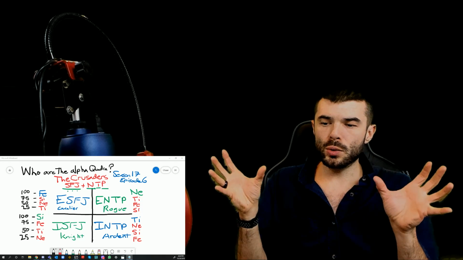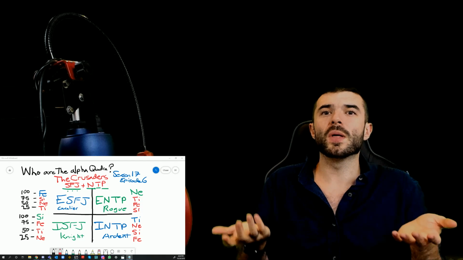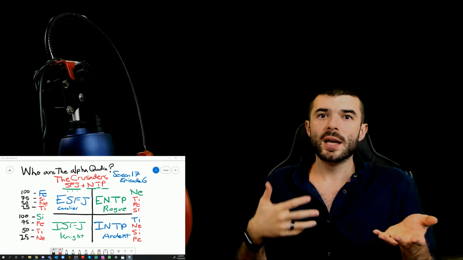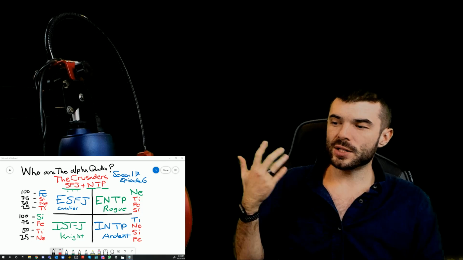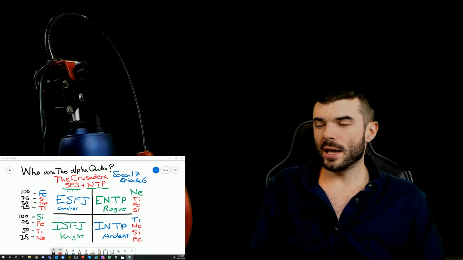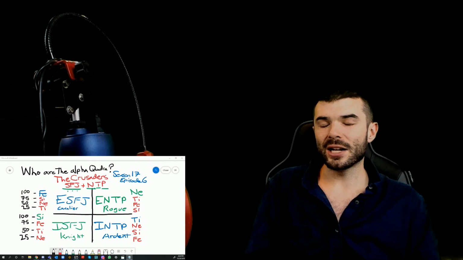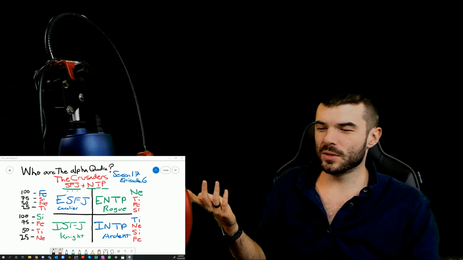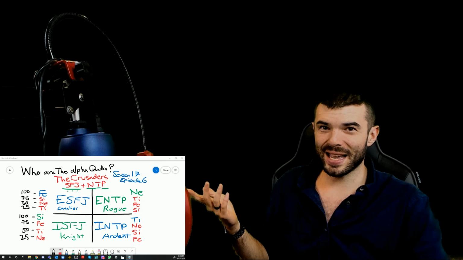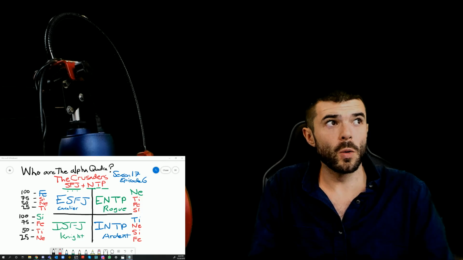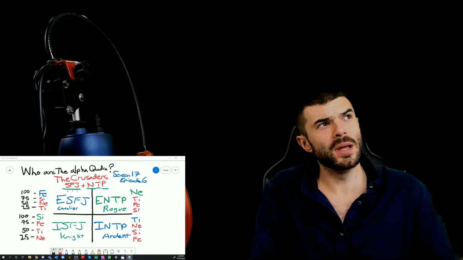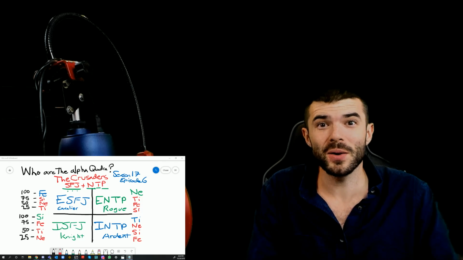These two cognitive axes combine and equal the SFJ NTP Quadra, aka the Alpha Quadra, aka the Crusaders. Now, because they're all SI users, if they were going to have a magic attached to them, using a Dungeons and Dragons-esque lore or formula, or using Avatar: The Last Airbender, they would basically be earthbenders.